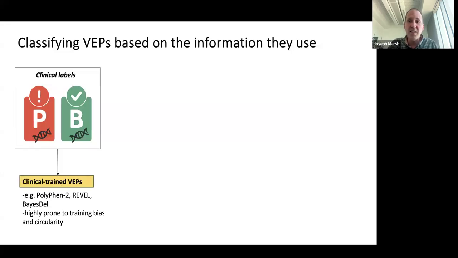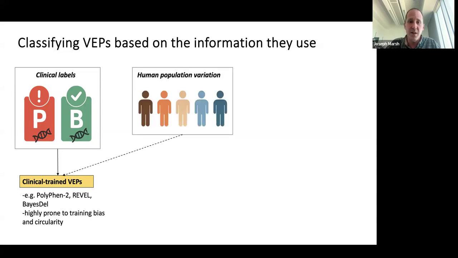We call these clinically trained variant effect predictors. It includes tools people might have heard of, PolyPhen-2, for example, which is one of the most widely known variant effect predictors. REVEL is widely used in clinical applications. And due to their nature, there's a high intrinsic susceptibility to this training bias and circularity, because they've seen these specific sets of variants.